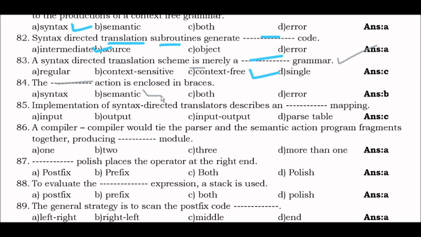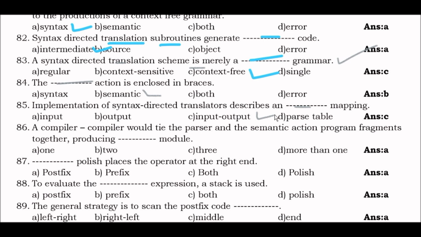Next question. Implementation of syntax directed translators describe a blank space mapping. Right answer is option C, input output mapping. Okay. Implementation of syntax directed translators describes an input output mapping. Next question.